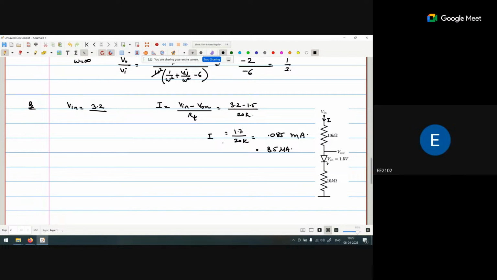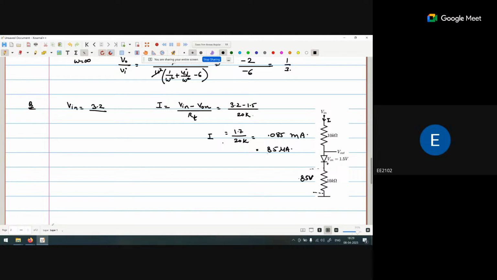Yes, sir. Now if the 85 microampere current is flowing from this particular branch, what is the voltage drop across this one? Sir, multiply this by 10. Yeah. So that is 0.85 volts.